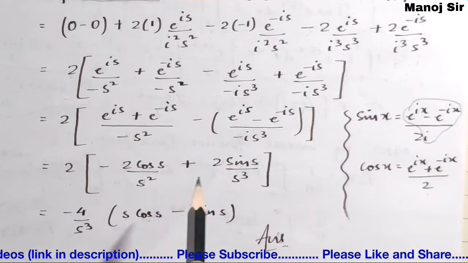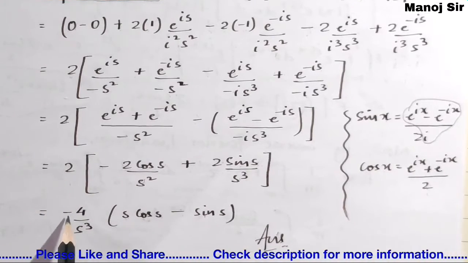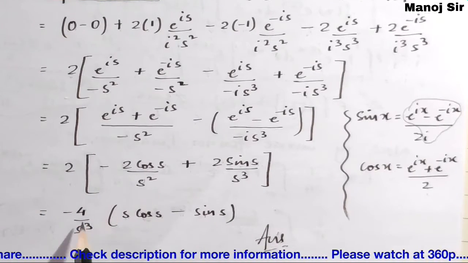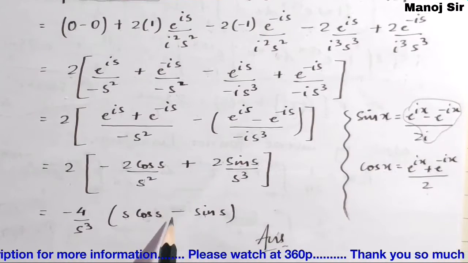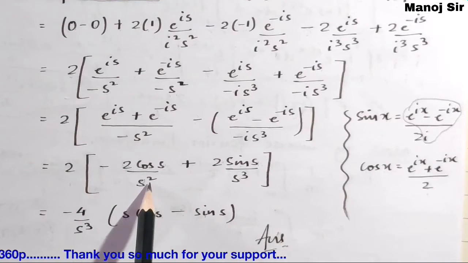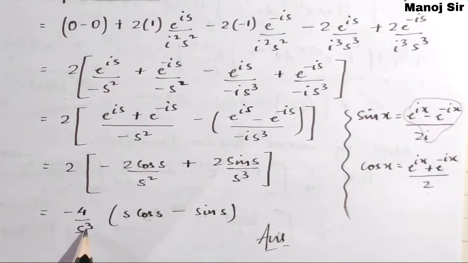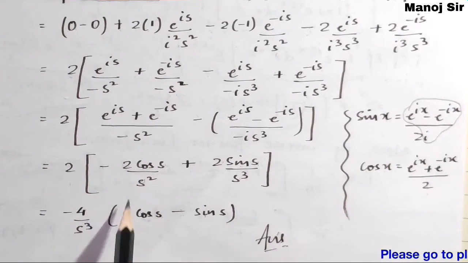Why the negative sign? Because we have taken minus 2 common. Because of this minus 2 common, here we have minus 4 upon s cubed. If you take minus 2 common, here we have a negative sign and here a positive sign. But since here we have s squared and we have taken s cubed common, we need to multiply with s.